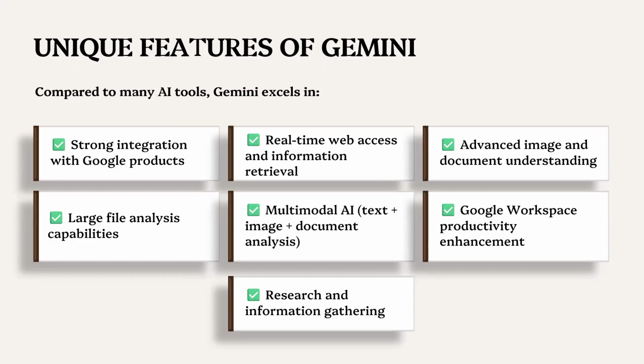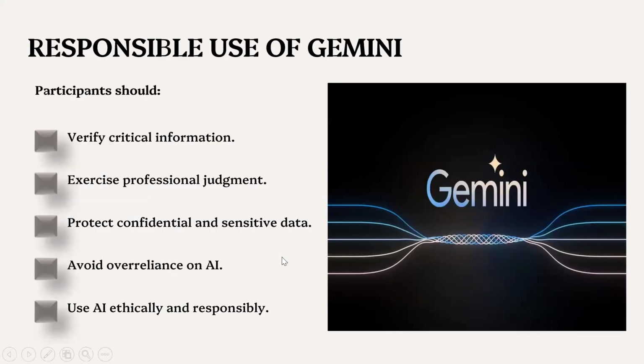I will go horizontally: real-time web access and information retrieval, advanced image and document understanding, large file analysis capabilities, then multimodal AI, then Google Workspace productivity enhancement, then research and information gathering.